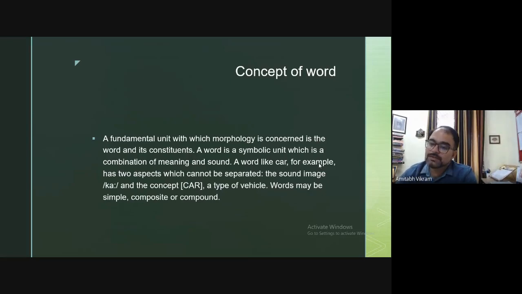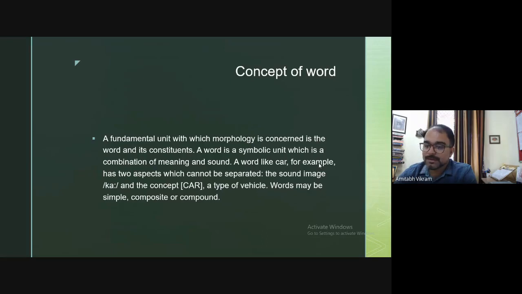It is not the case that you are only thinking about Maruti Suzuki or Honda City; you can think of any other car, but you will think of a car. It is not the case that when I say car you think of a truck, because a truck is a different concept. So sound image and concept, these two aspects, are associated with a single word, a type of vehicle that we have.